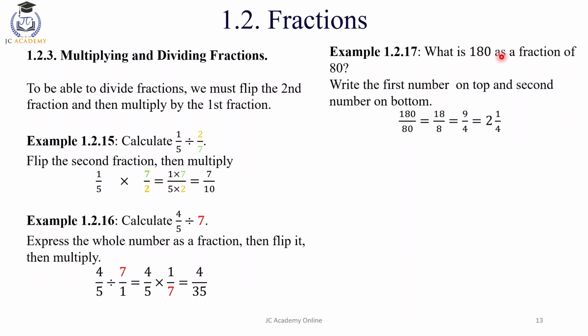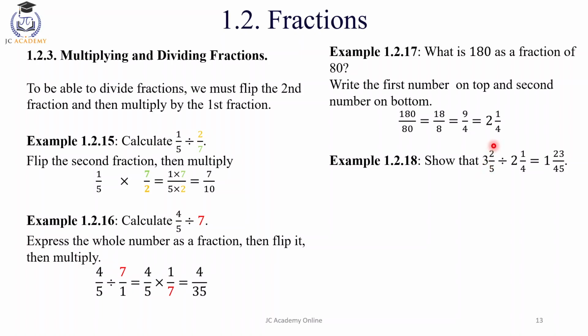So 180 as a fraction of 80 is 180 over 80, which is equal to 18 over 8. We could simplify it further to 9 over 4. Now from here, we could put it into proper form. This is improper form. So we divide 9 by 4. We get 2 1/4.